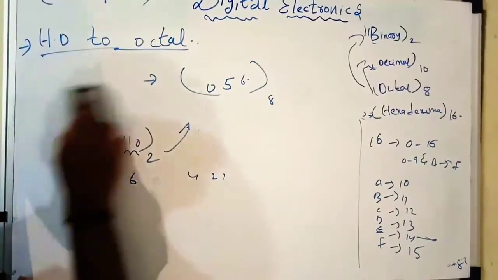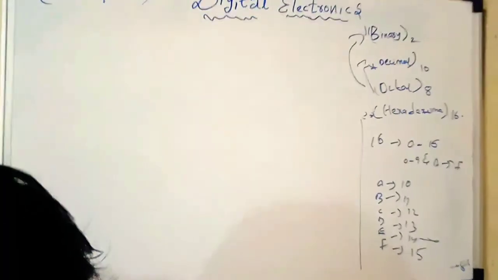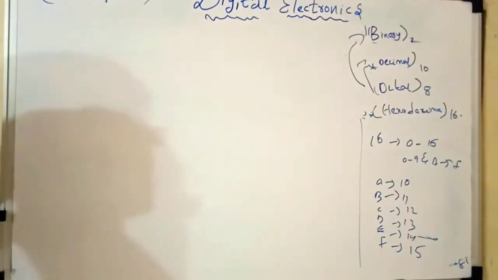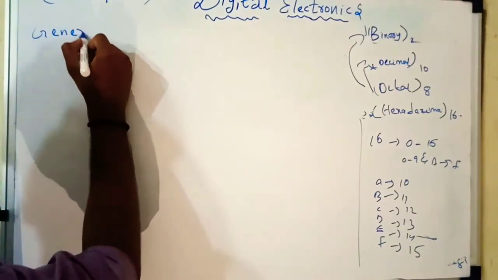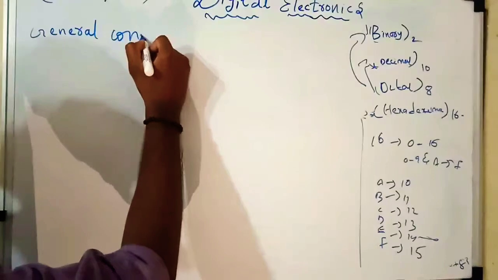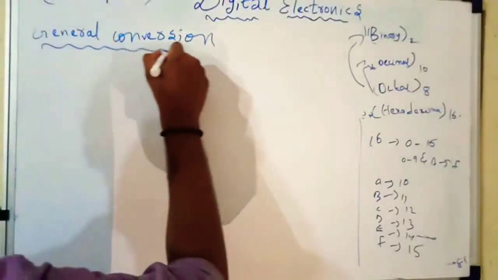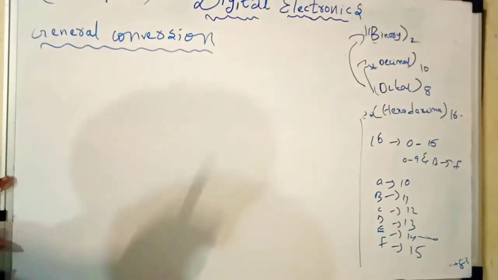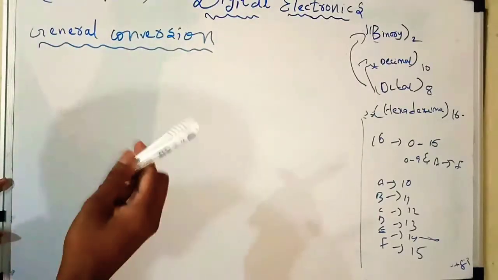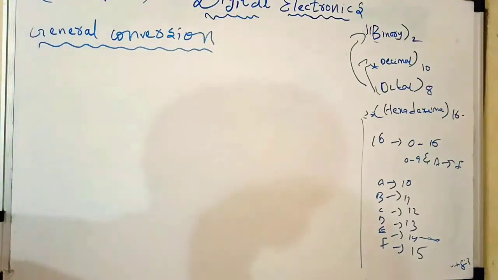Similarly for the fraction also, same as the previous results, we can convert. Now we will see the general conversion. In general conversion, for binary to decimal, binary to octal, and all the remaining combinations we did.